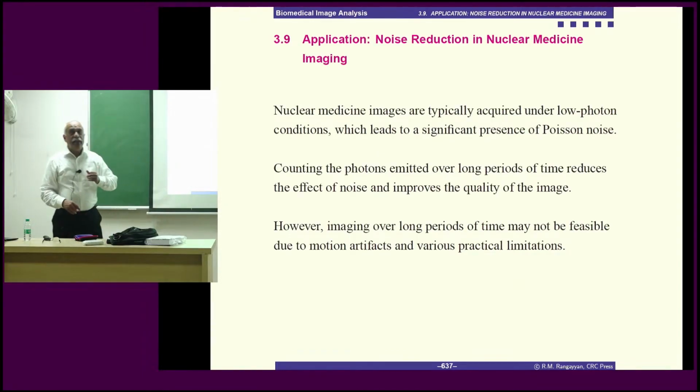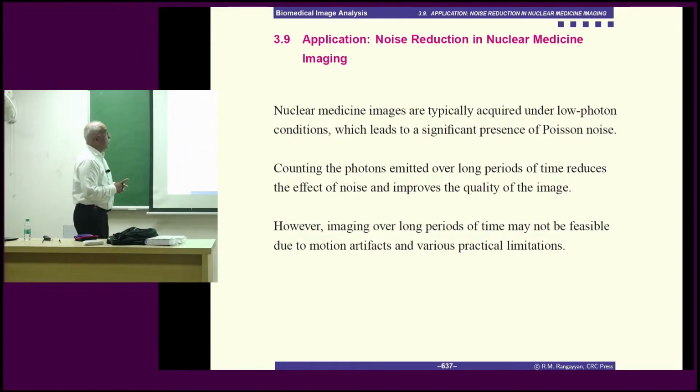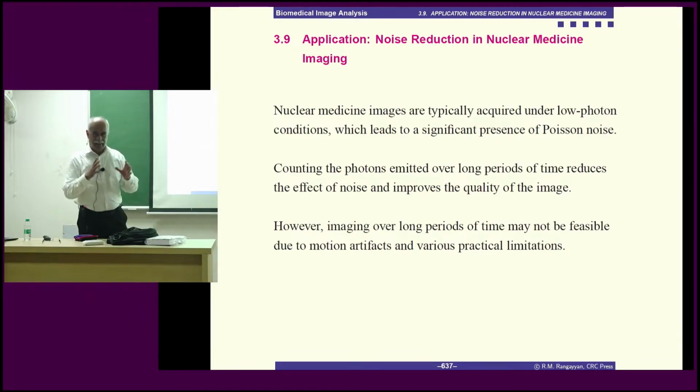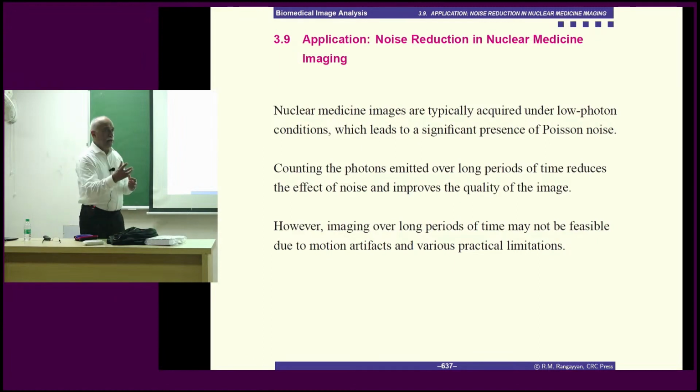In nuclear medicine imaging, I mentioned earlier gated blood pool imaging. This is also a kind of multi-frame averaging, depending on how you view it. Nuclear medicine images are typically acquired under low photon conditions because of the radioactive material that you inject into the patient. You have to take into account the bad effects of the radiation.